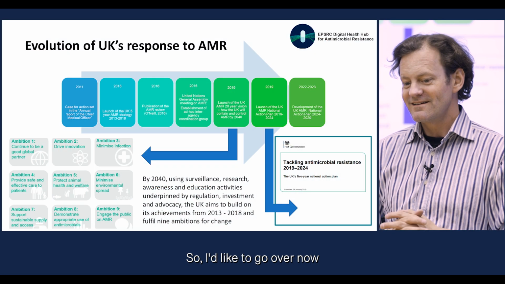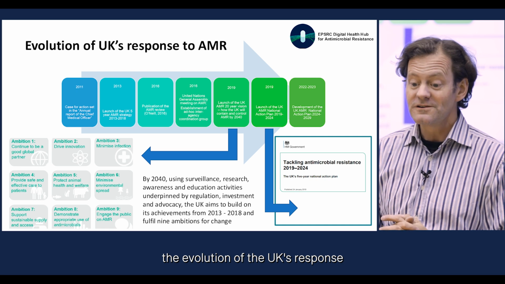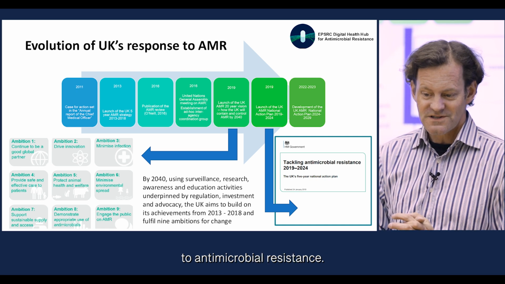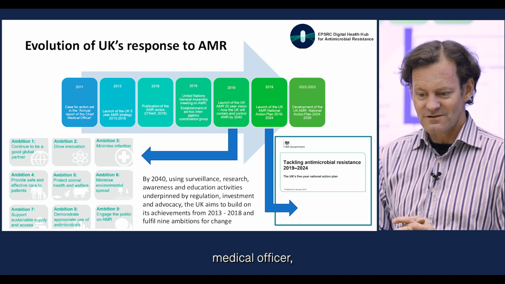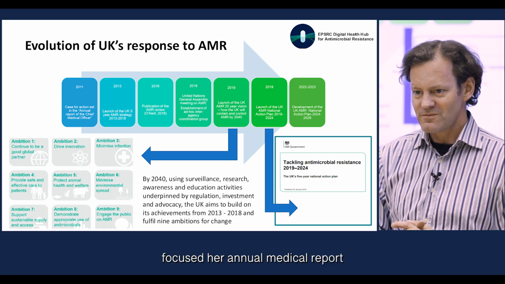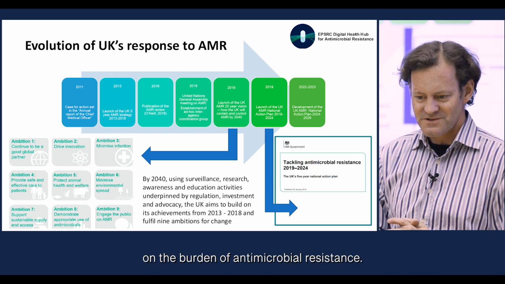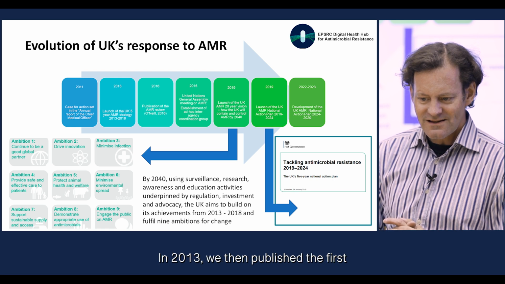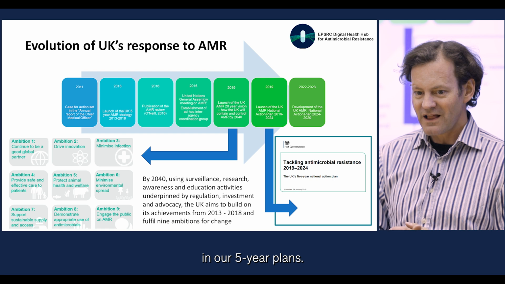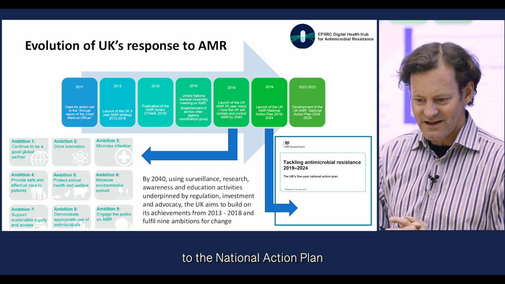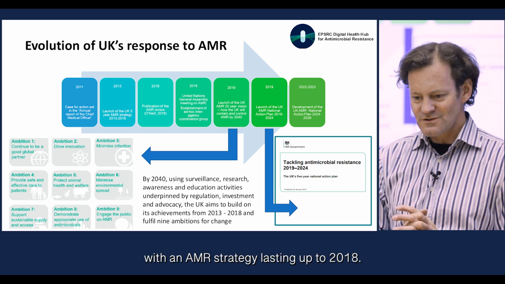So I'd like to go over now the evolution of the UK's response to antimicrobial resistance. In 2011, Sally Davies, when she was Chief Medical Officer, focused her annual medical report on the burden of antimicrobial resistance. In 2013, we then published the first in our 5-year plans. This was the precursor to the National Action Plan, with an AMR strategy lasting up to 2018.